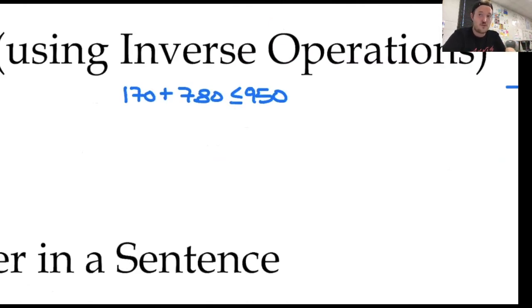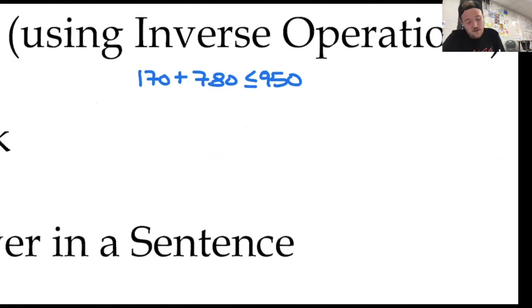If it gives you a true statement, you're good to go. If it gives you a false statement, you need to back up. Something happened. So when I add 170 and 780 together, you get 950. Less than or equal to 950. So here's the thing. 950, it's not less than 950. However, it is equal to it. So because of that, it works.